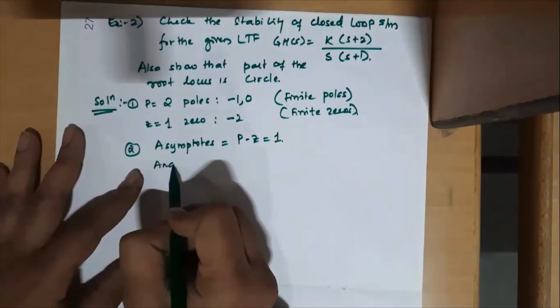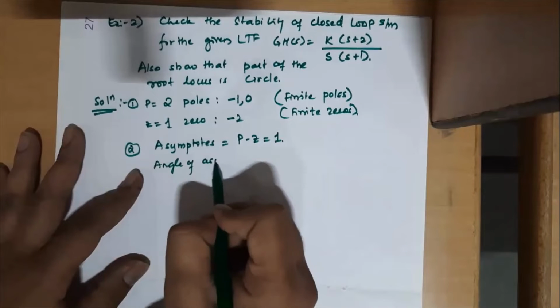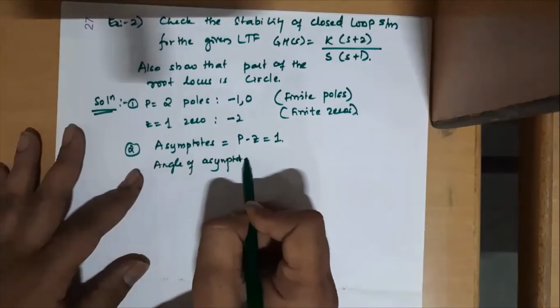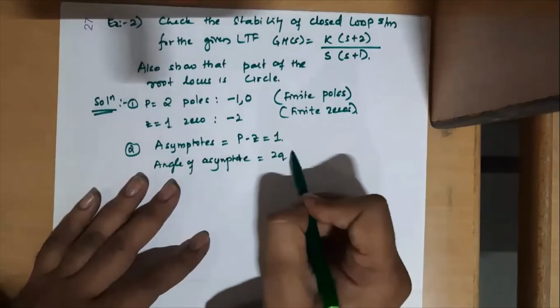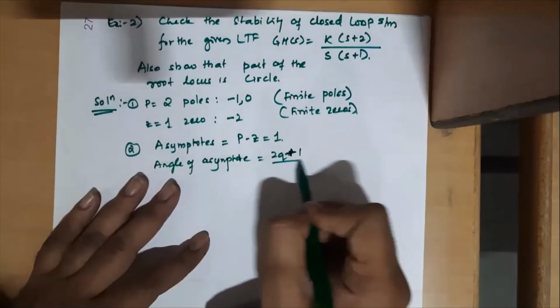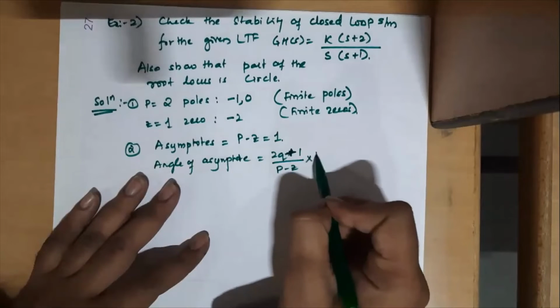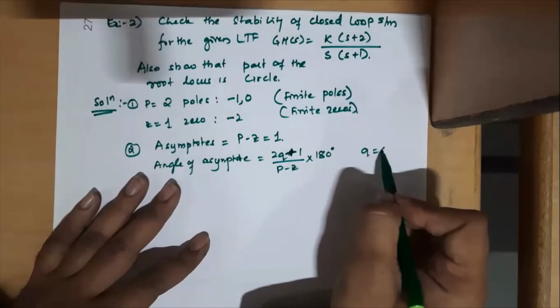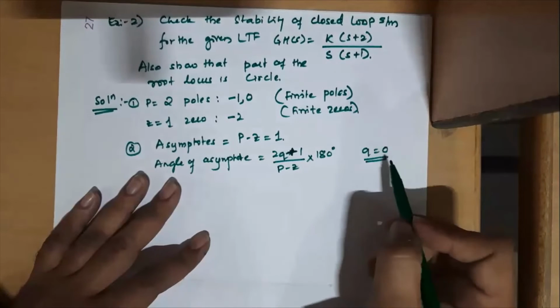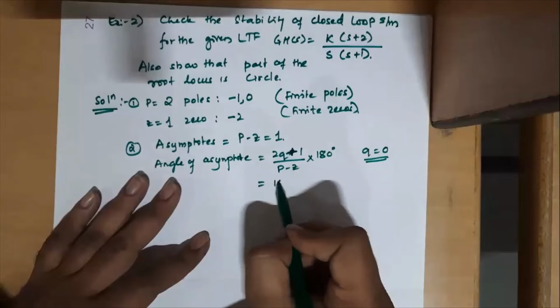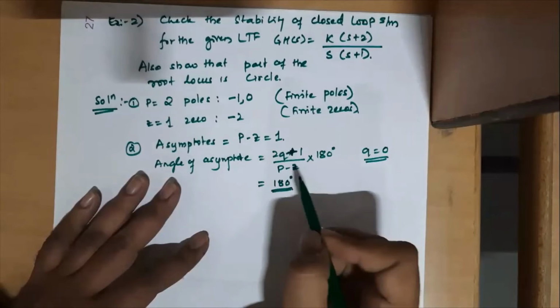What is the angle of asymptote? Since P minus Z is equal to 1, according to the formula (2q plus 1) divided by (P minus Z) into 180 degrees, q is 0, because only one asymptote. So when you substitute q equal to 0, you will get asymptote angle is 180 degrees.